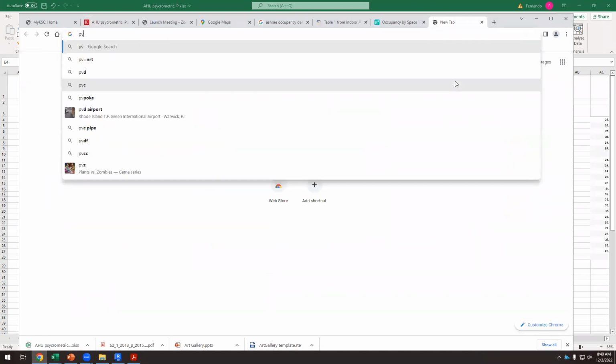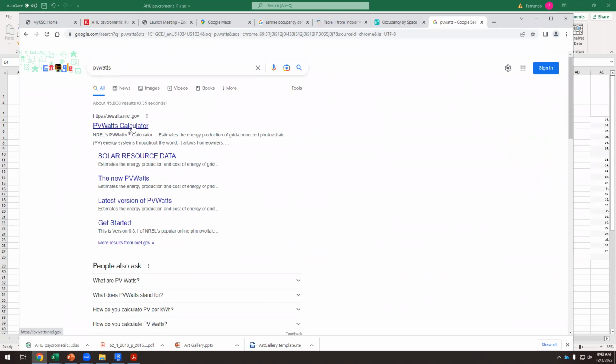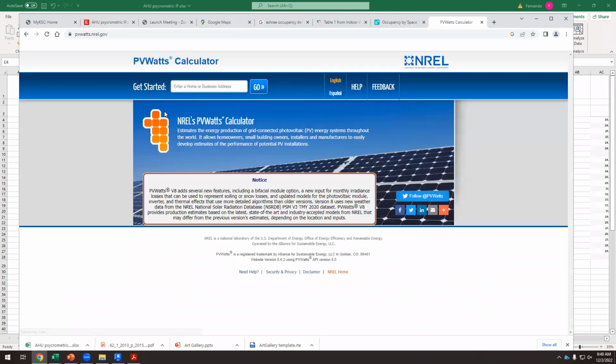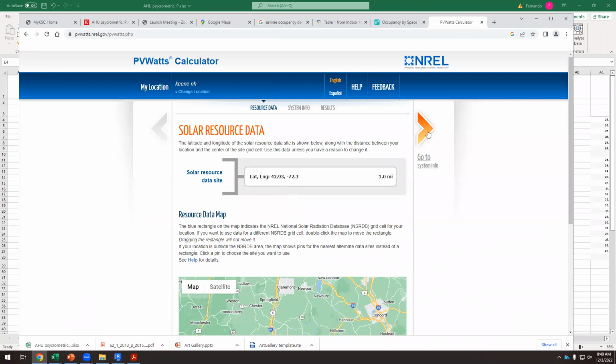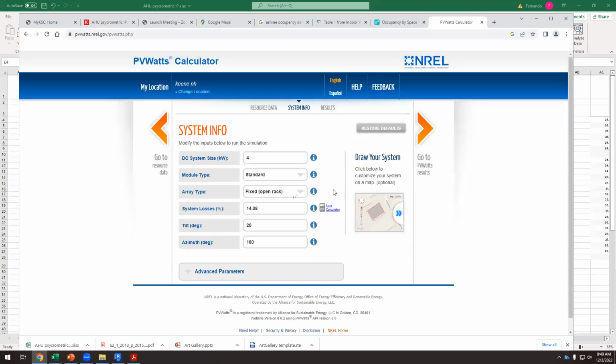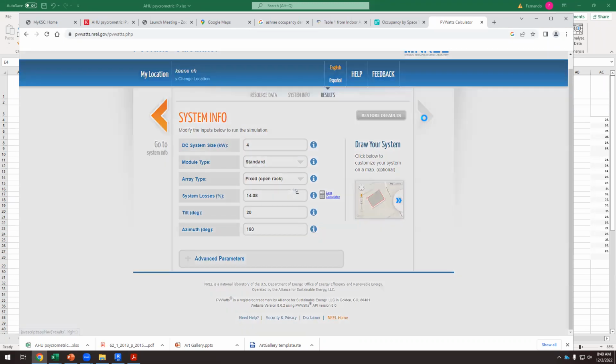So I'm going to use PV Watts. The PV Watts calculator, if we enter here New Hampshire, then you go to the system. This is to calculate the PV array. We're not going to do that. We're going to just go to the PV Watts results.